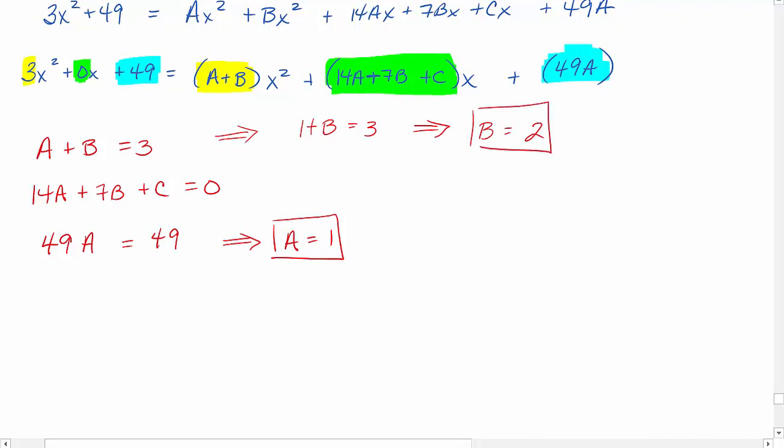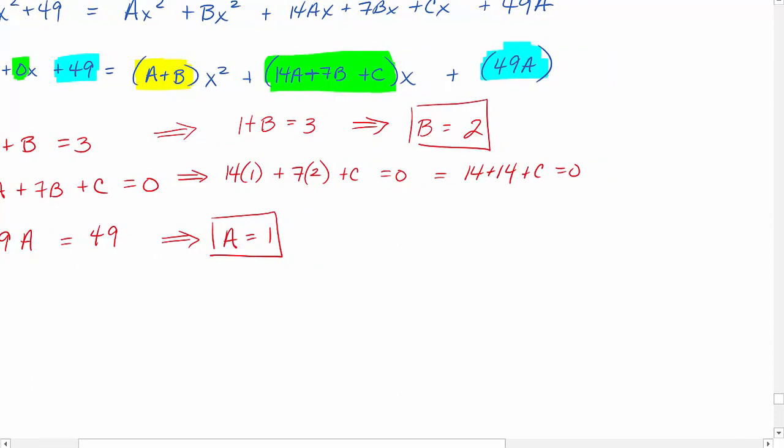And then we'll plug both of those into our second equation and solve for C. So we got there 14 plus C equals 0, so C has to be negative 28.